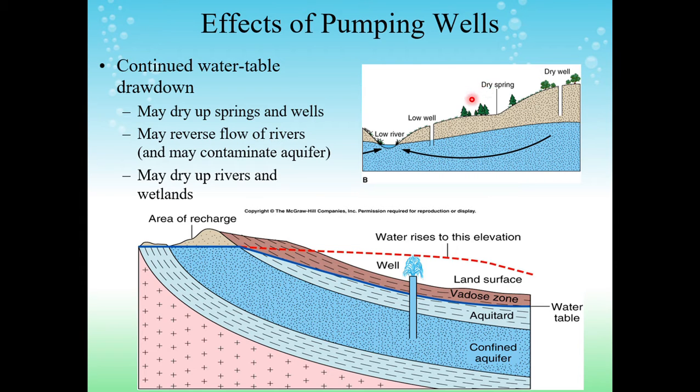Or you submerge a pump in here that will pump the water out to you and then you use it. So this is a pumping well, this one, and then below here is an artesian well which produces based on its natural pressure.